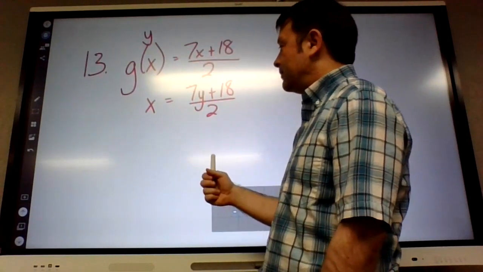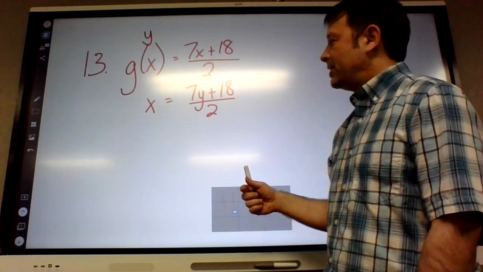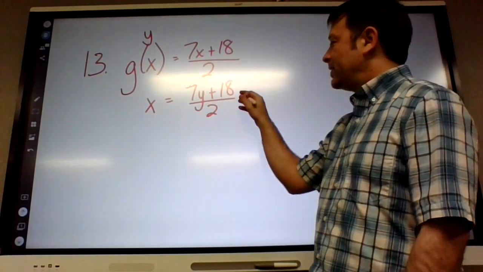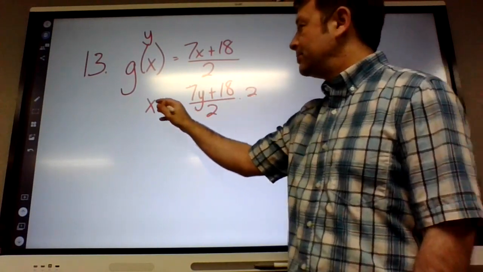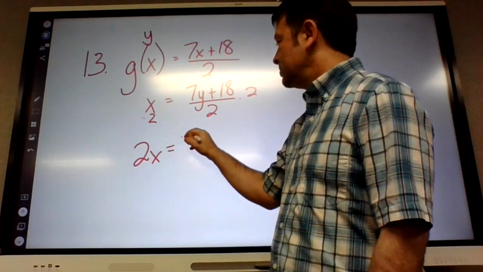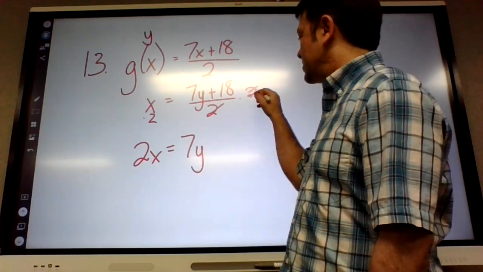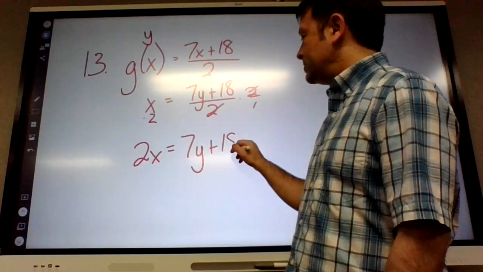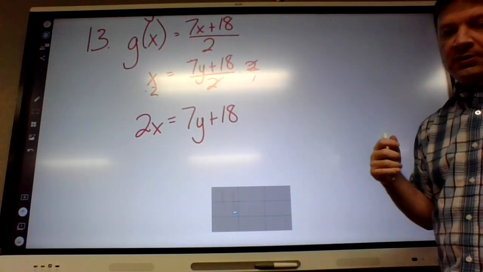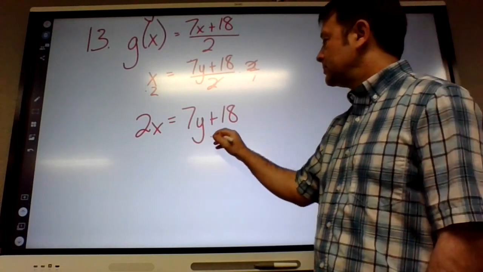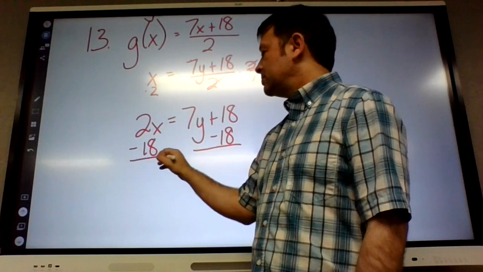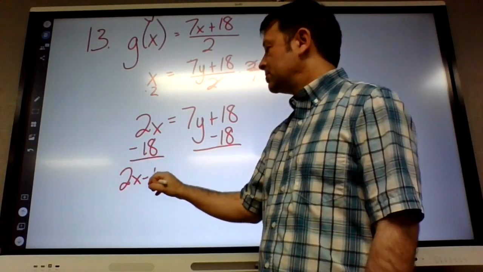And then we got to solve this for y. So how would I solve this for y? Times 2. Right. If the whole side is divided by 2, you can times 2 to fix it. So it's 2x equals, those cancel out, 7y plus 18. Then what? Minus 18. Try to get y by itself. Does 2x minus 18 x?